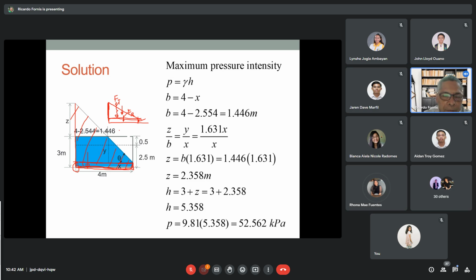Then their placement only matters when you find the location of the center of pressure. For the center of pressure, you can just apply Varignon's theorem. Varignon's theorem states that the moment of the resultant force equals the sum of the moments of its components.